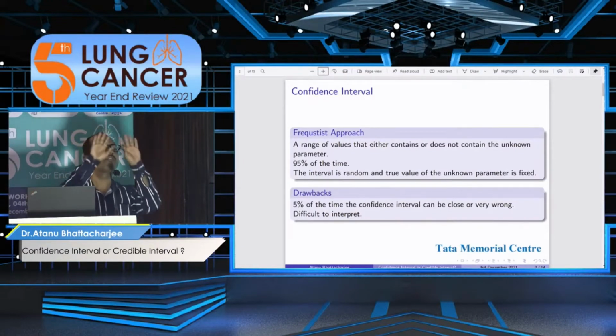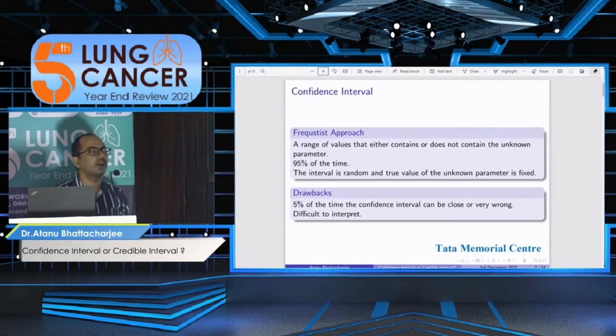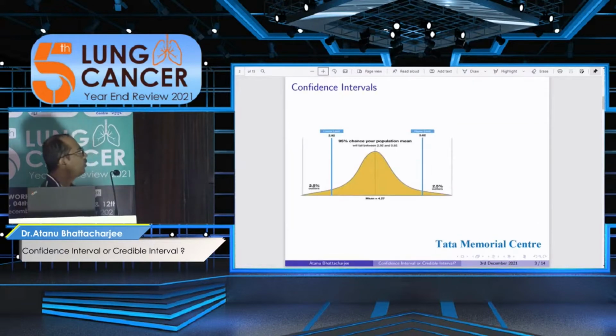It has become quite a reference range now, because so many publications and articles have been done on the confidence interval and p-value. So breaking that idea is quite challenging, but we are trying to do it over there. So this is the conventional approach, or conventional way, to consider the confidence interval.